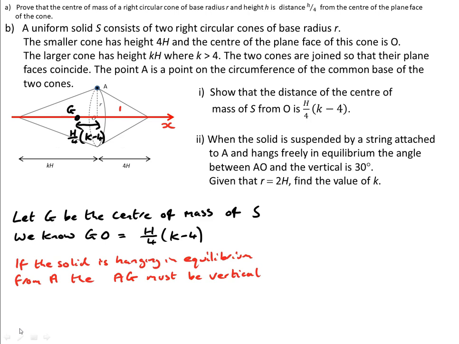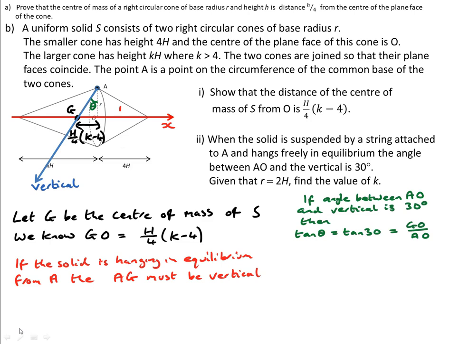If the solid's hanging in equilibrium from A, then the line A to G must be our vertical line. And we are told that the angle that AO makes with the vertical is 30 degrees. So in the diagram that we've got there, we've got theta is 30 degrees. So we've got tan 30 must equal GO divided by AO.